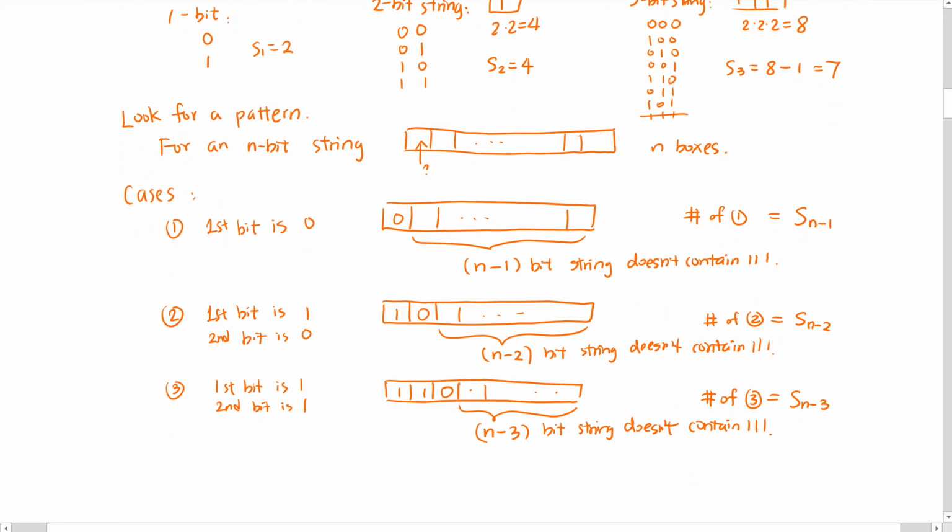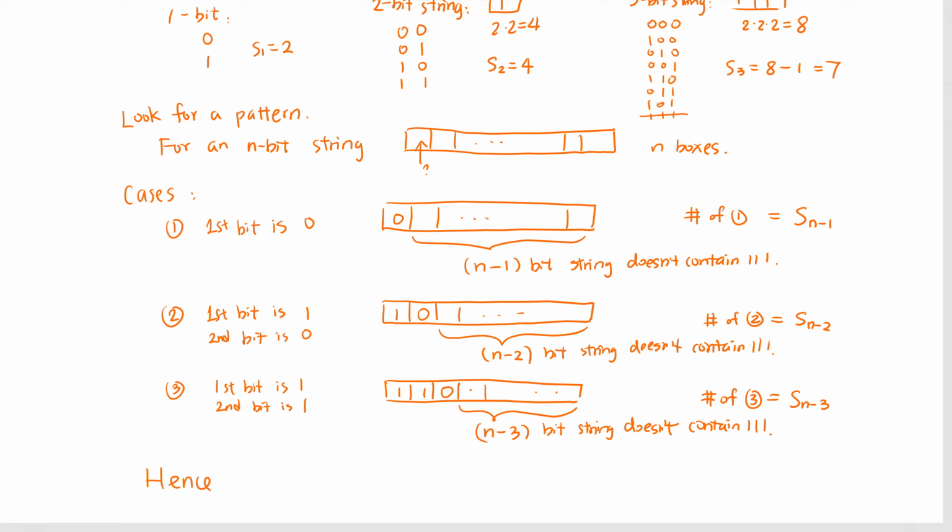And here are all the cases, right? Your first bit is either 0 or 1. If it's 0, we're in case 1. If it's 1, then we look at the second bit. The second bit could be 0 or 1. If it's 0, then we are in case 2. If it's 1, then we're in case 3. Those are all the possibilities.